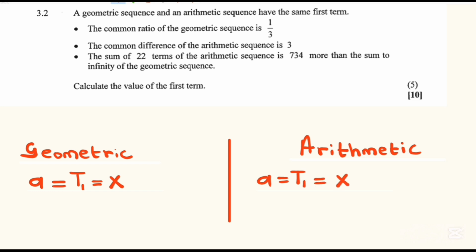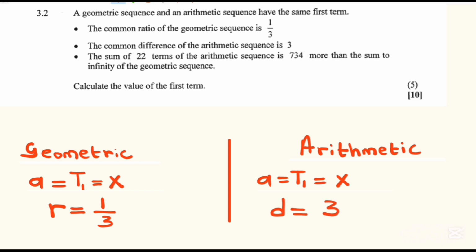We are also told that the common ratio of the geometric sequence, r, is equal to 1 divided by 3. For the arithmetic sequence, we are told that the common difference d is equal to 3.